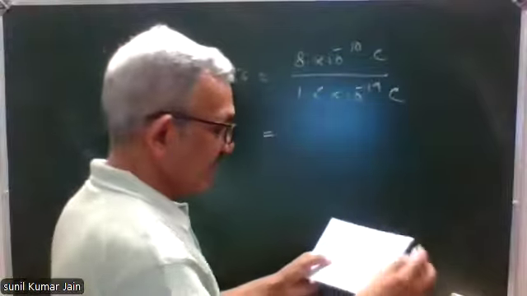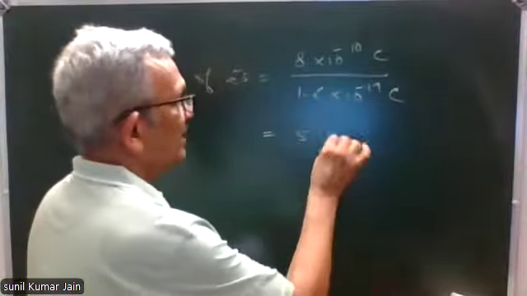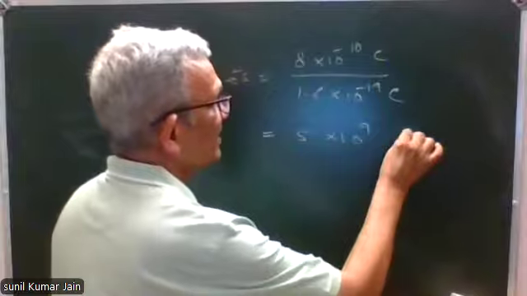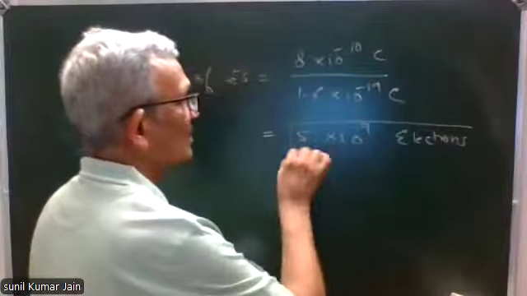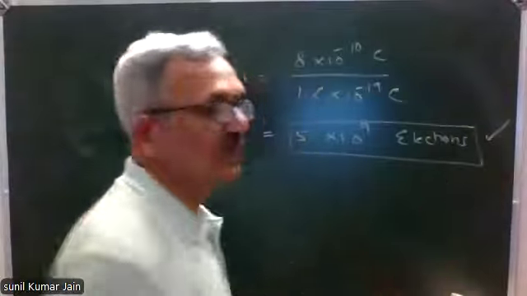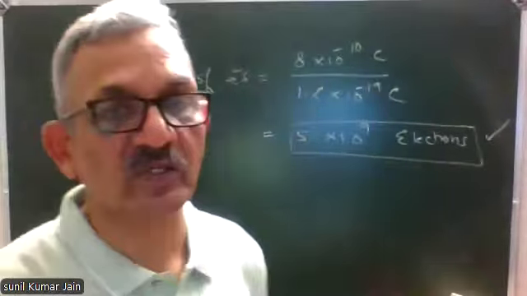So this will be 5 into 10 to the power 9 electrons. This is one answer, number of electrons.